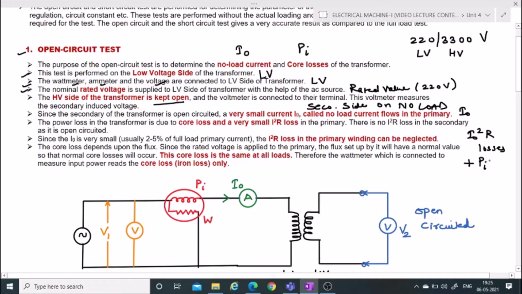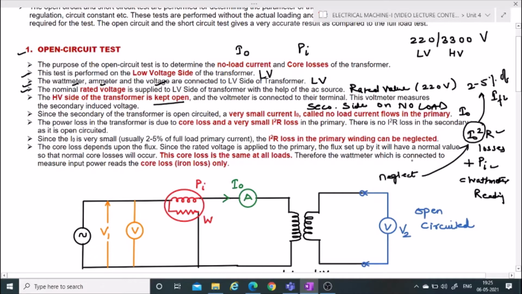So the wattmeter reading in case of open circuit test shows the combination of I naught square R losses plus P_i. As this I naught is very small, that is 2 to 5% of full load current, that's why we neglect this.